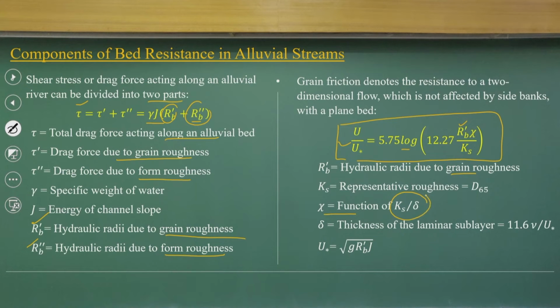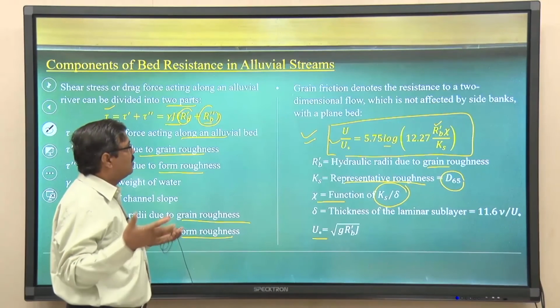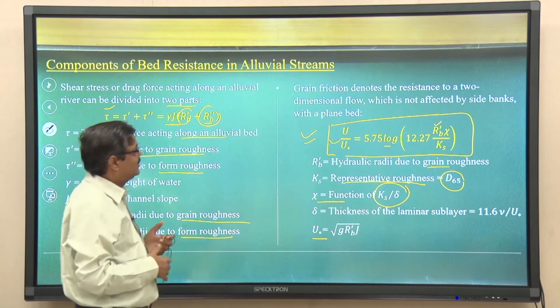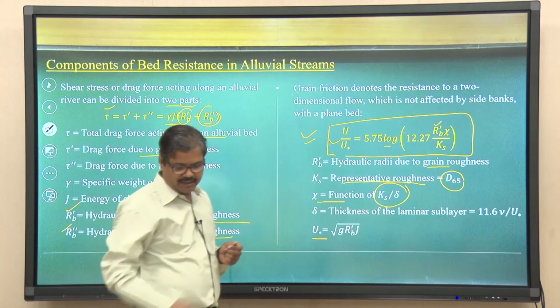Delta is the thickness of the laminar sublayer, Ks is the representative roughness, generally considered as D65, and u* is the shear velocity. This velocity distribution considers two-dimensional flow with a plain bed, that is the condition we consider.